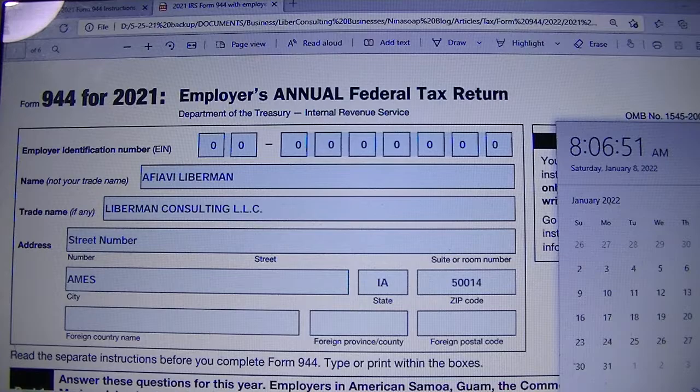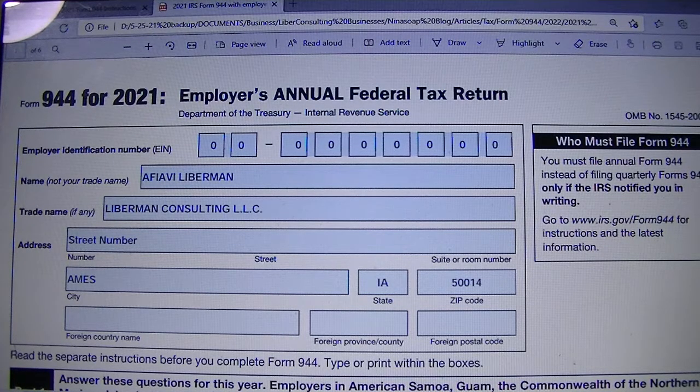And the 31st is a Monday, so there is no exception here. But I like just to go with that date. January 31st, Form 944 has to be out of the door by then. So you need to complete it and mail it before January 31st.